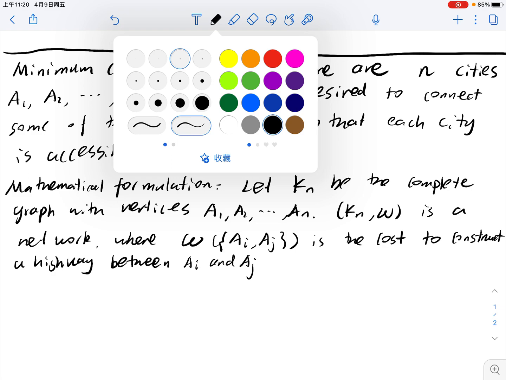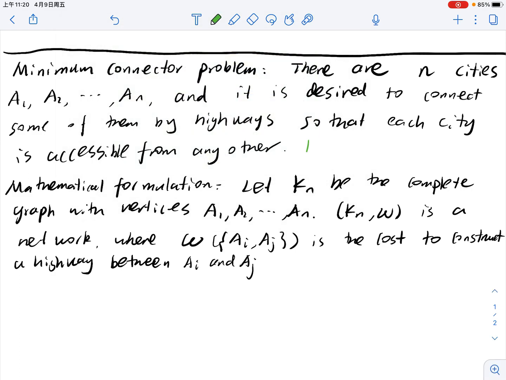Here actually the minimum means determining the way to connect such that the total cost in it is minimal.